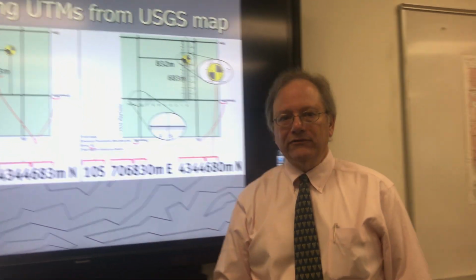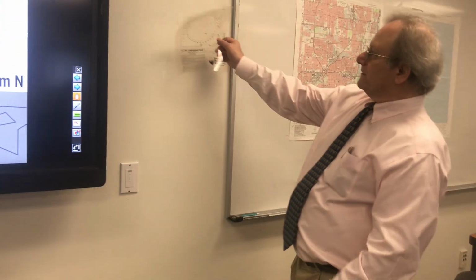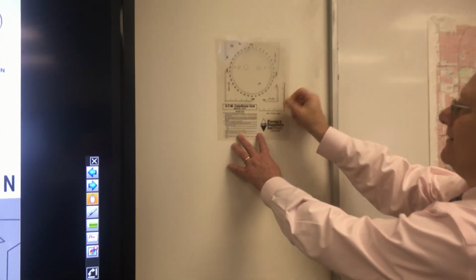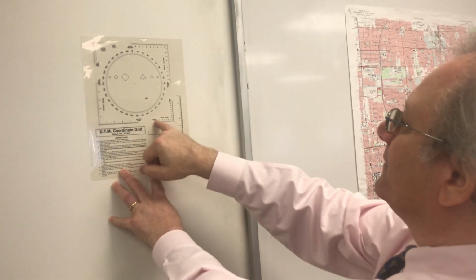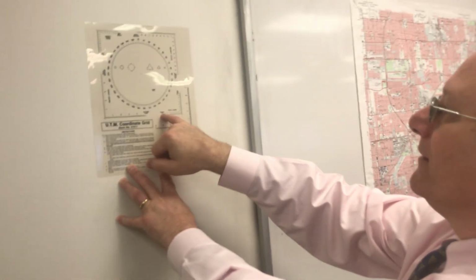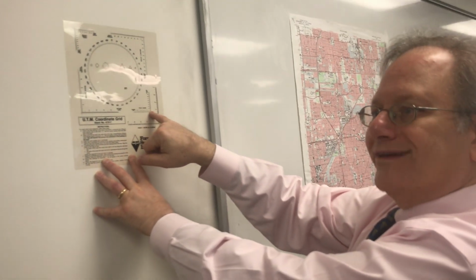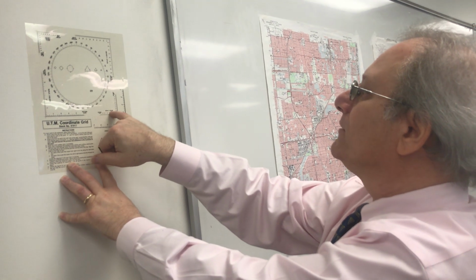Well, the simplest way is to use a transparent little grid like this, a UTM coordinate grid. And they have special grids that are ticked off in meters for different scale USGS maps. This is the one, you see it says scale 1 to 24,000.